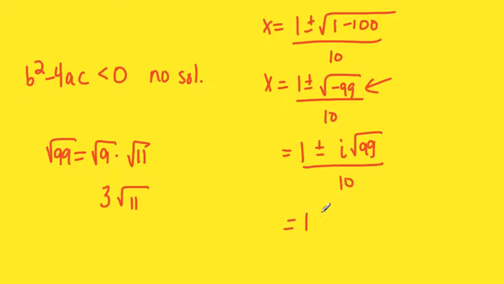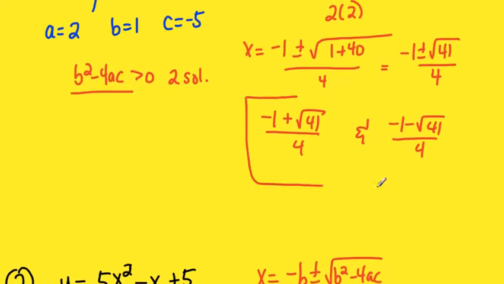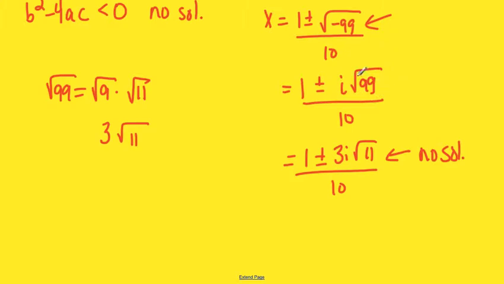So this becomes 1 plus or minus 3i square root of 11 over 10. This means no solutions, no x-intercepts. There were 2 here because I got a positive number under the radical. When there's a negative number under the radical in the discriminant, there are no real solutions.